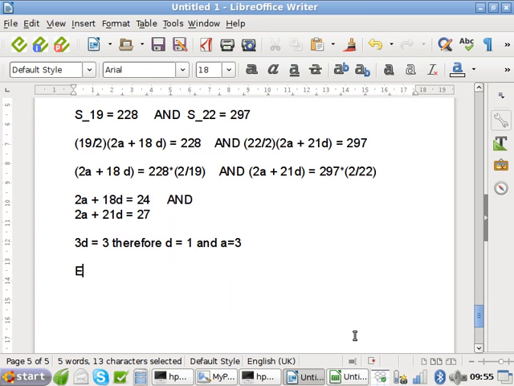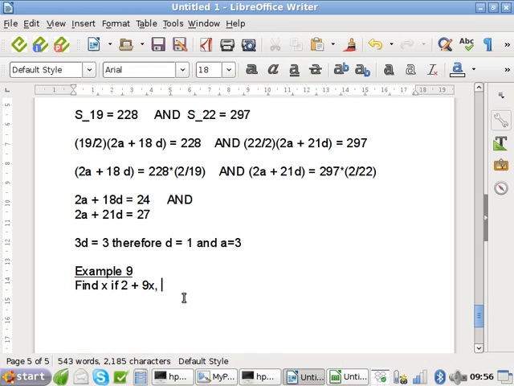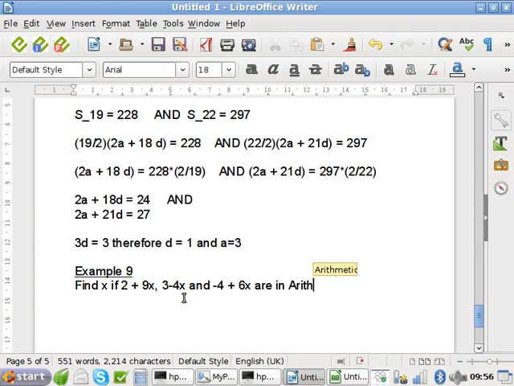Example 9. Find x if 2 plus 9x, 3 minus 4x, and minus 4 plus 6x are in arithmetic progression.